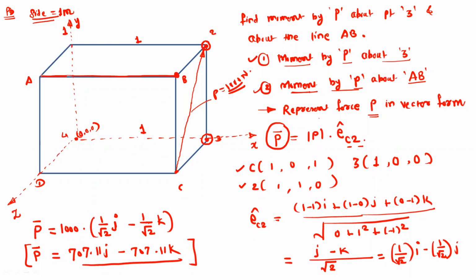So about this line, we have to take the moment by this force P. First find out the coordinates of the points A and B. A is lying in the ZY plane, so its X coordinate is 0, its Y coordinate is 1 and Z coordinate is also 1. So 0, 1, 1. For point B, X is 1, Y is 1, and Z is also 1. So it is 1, 1, 1.